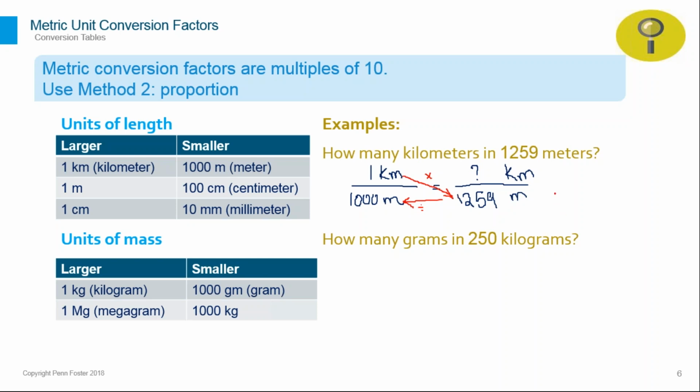So you are really going to do 1,259 divided by 1,000, and that will give you the answer in kilometers. That would be 1.259 kilometers. So there are 1.26, if you want to round it up, kilometers in 1,259 meters. So this is how we deal with unit conversion.